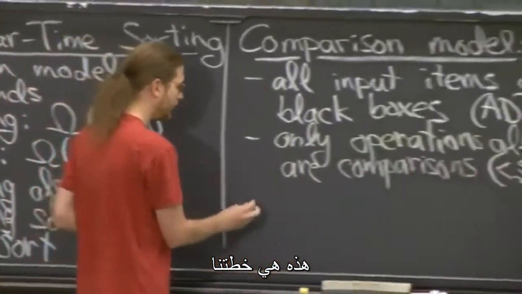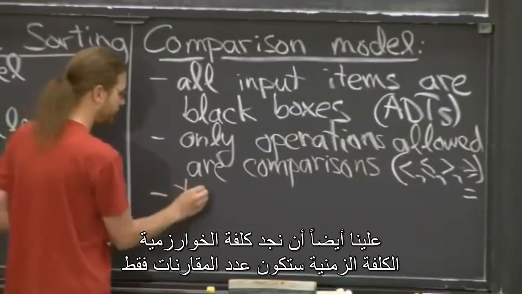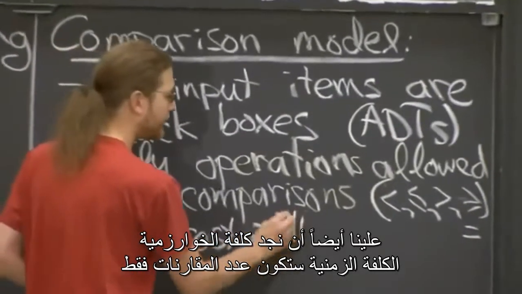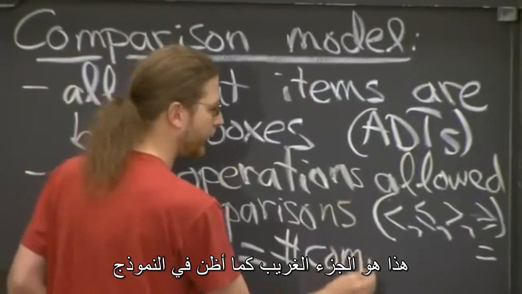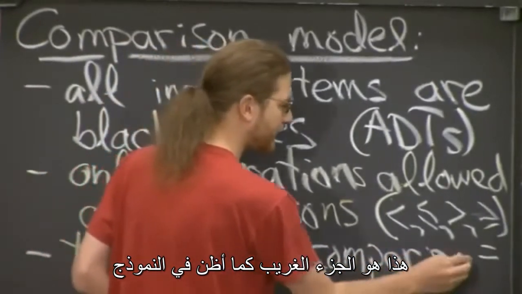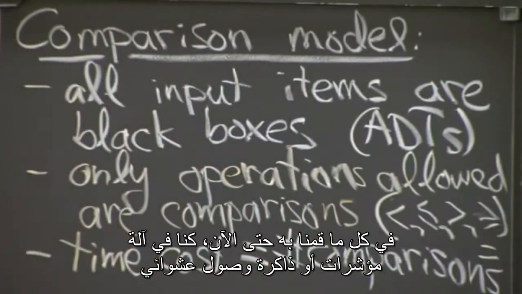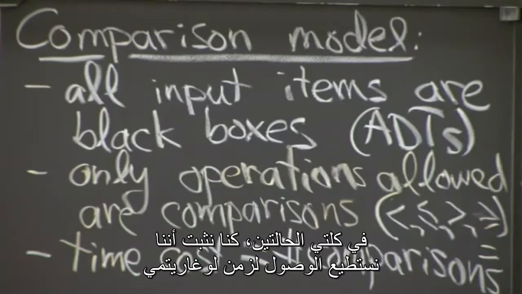That's the plan. I should also define the cost of an algorithm. Time cost is just going to be the number of comparisons. This is the weird part, I guess, of the model. So in everything we've done so far, we've been in pointer machine or RAM, either way.